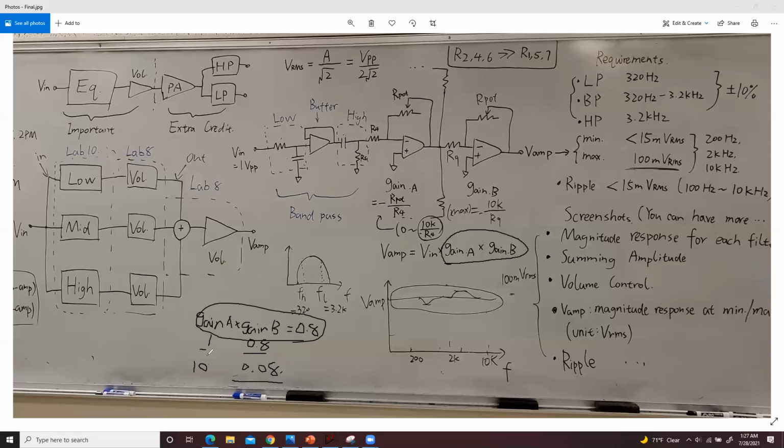So you want to make sure gain A and gain B don't have too much difference. For example, 1 and 0.8 is okay for the amplifier. That's how you do the calculation for each resistor.